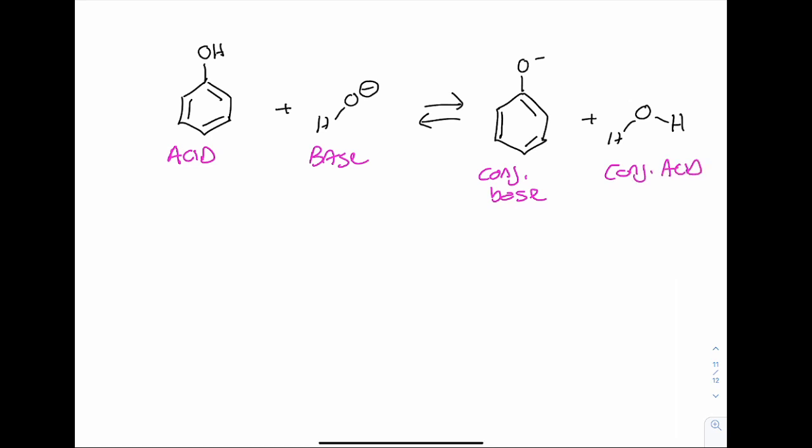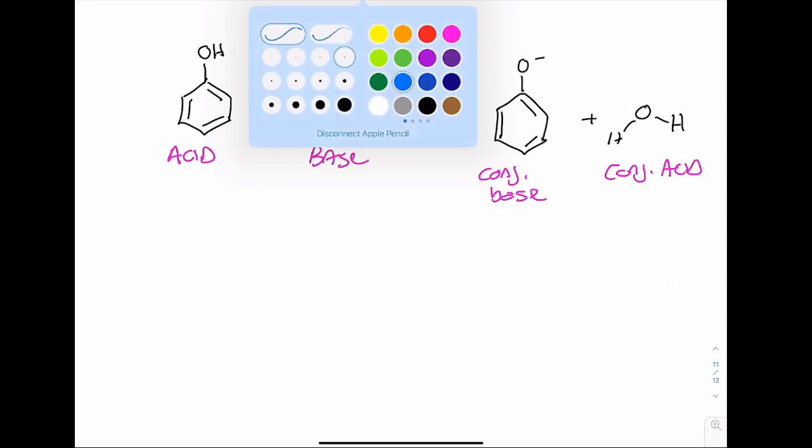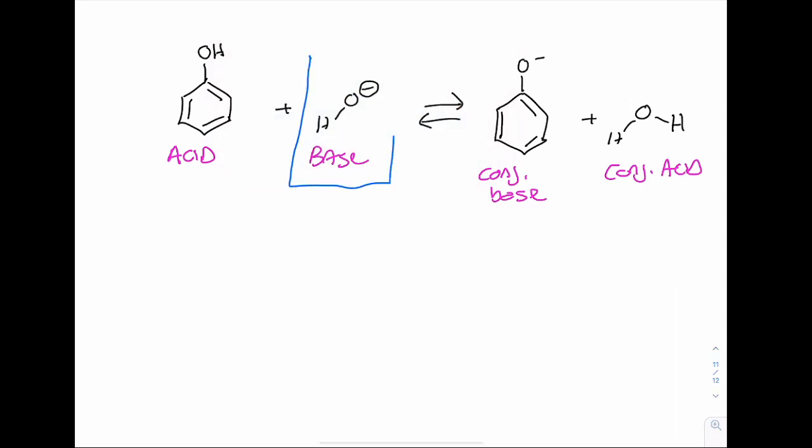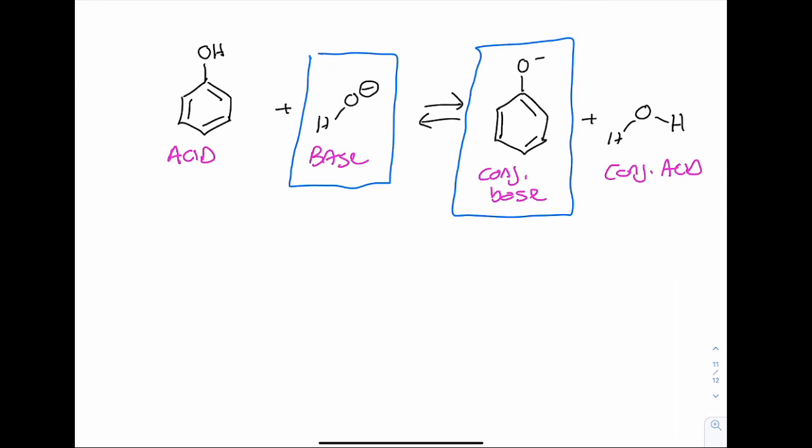So what I would do is look at the two bases, determine which base is more stable, and then that means its corresponding acid is stronger. So I'm going to compare this base, which is the conjugate in the reverse direction, to this base, and say of those two bases, which is more stable and then why.